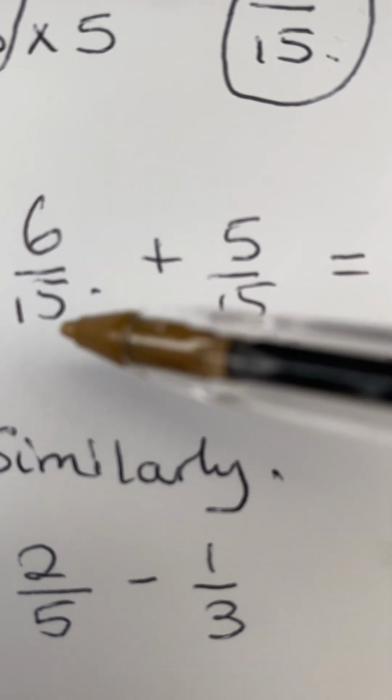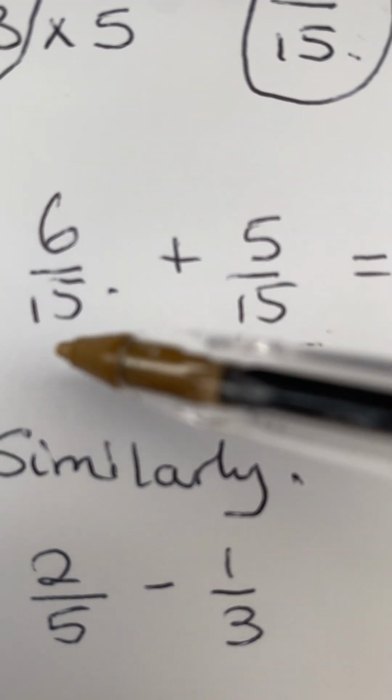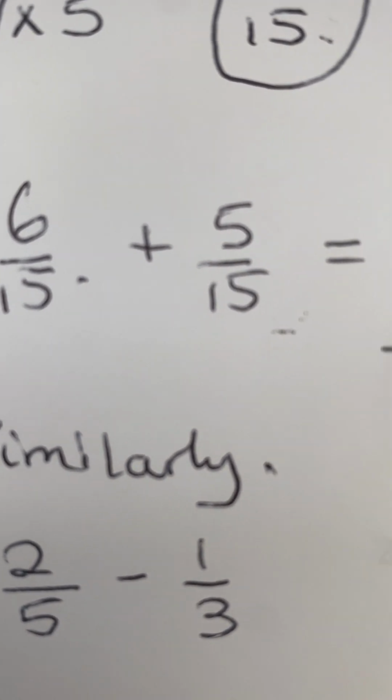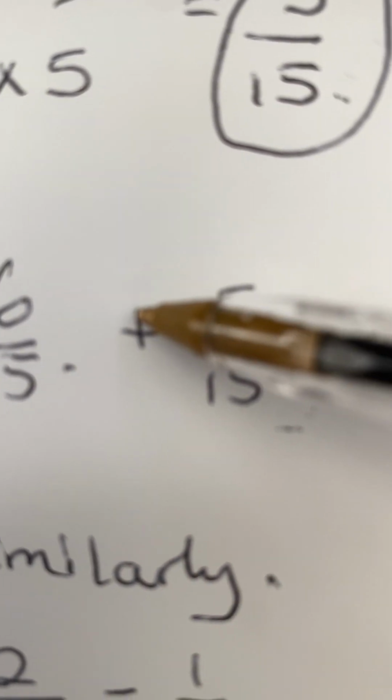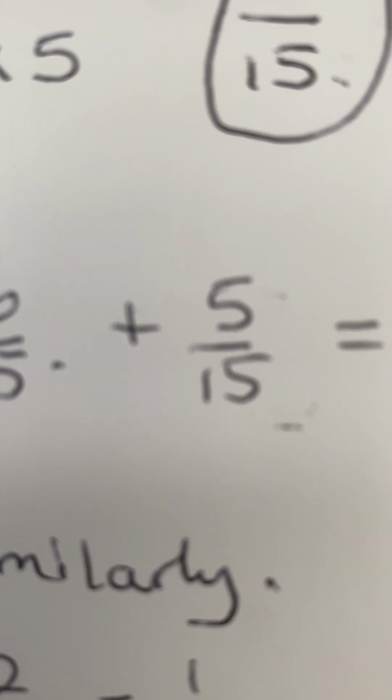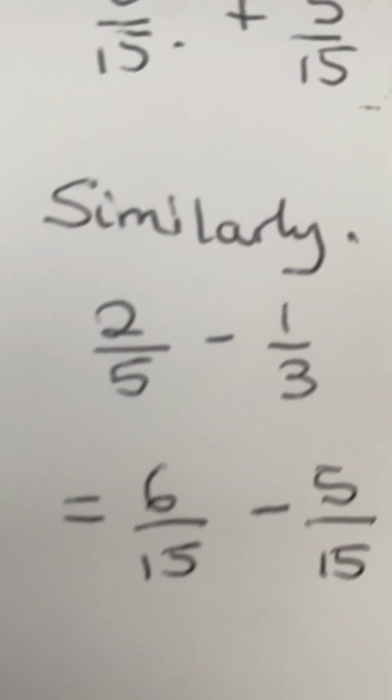Because we've made the denominators 15, our answer will have a 15 denominator. We have a numerator 6, add 5, which is 11. So our answer will be 11 over 15 when we add.